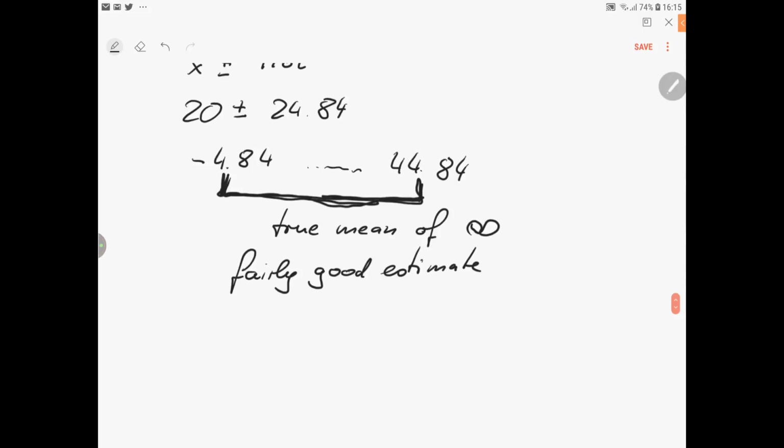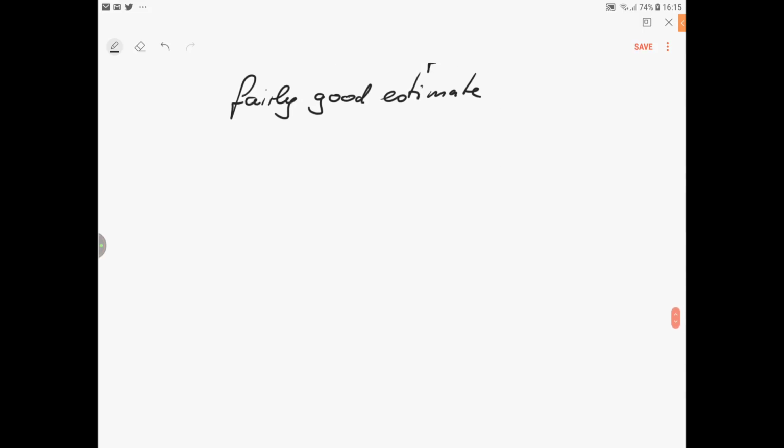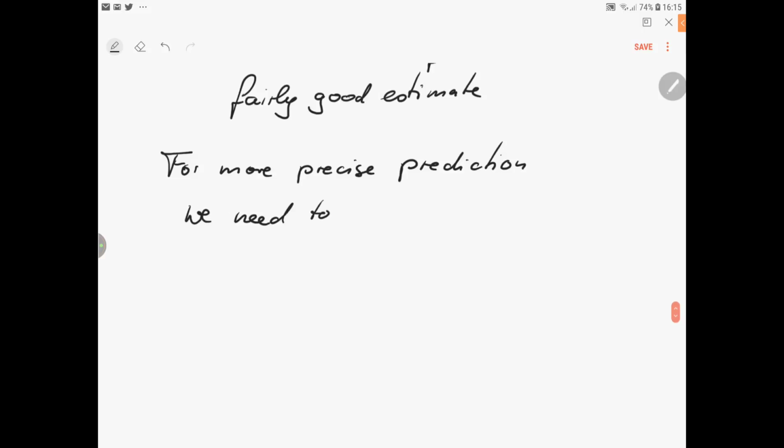If we want to do that, we would have to increase, for more precise prediction, the sample size.